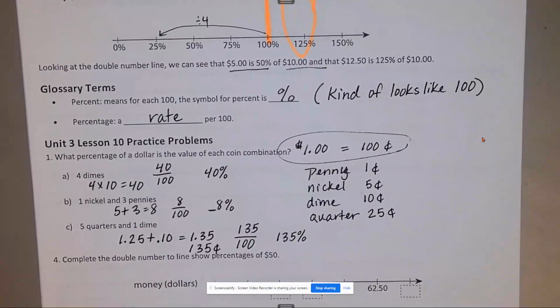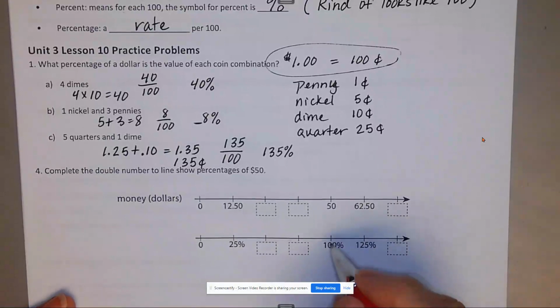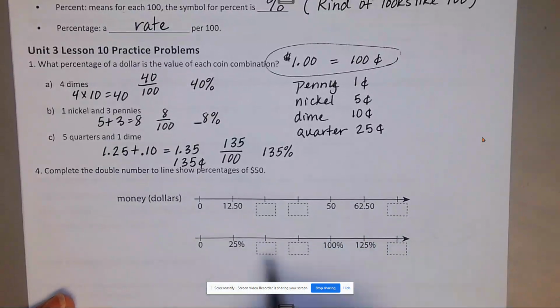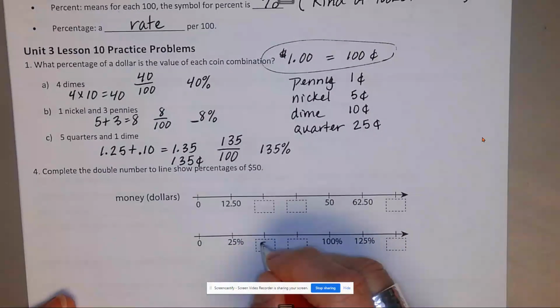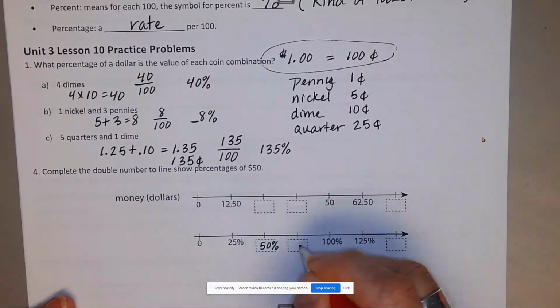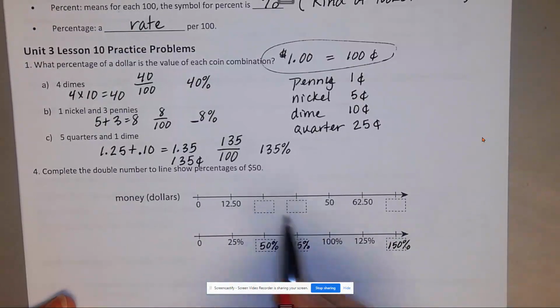We're going to use the double number line to find the parts of 50. I want you to do this. Think about, you already know what you're counting by on the bottom. You know what you're counting by on the top. So this would be 50%, 75%. This would be 150%. 12.50 plus 12.50.